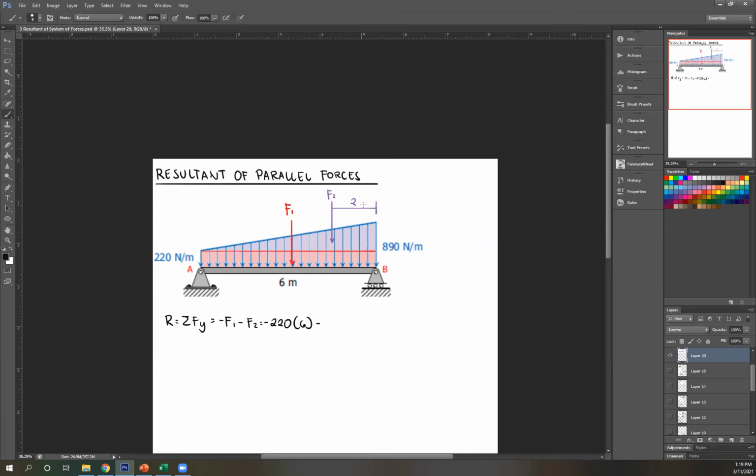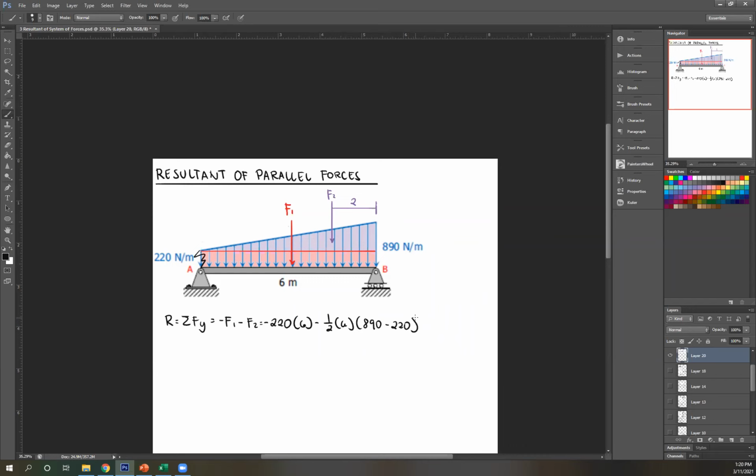Negative. Then minus, this is the area of a triangle, so 1/2 base times height. Base is 6. Height is, this total height is 890. This is 220. So this height is 890 minus 220.